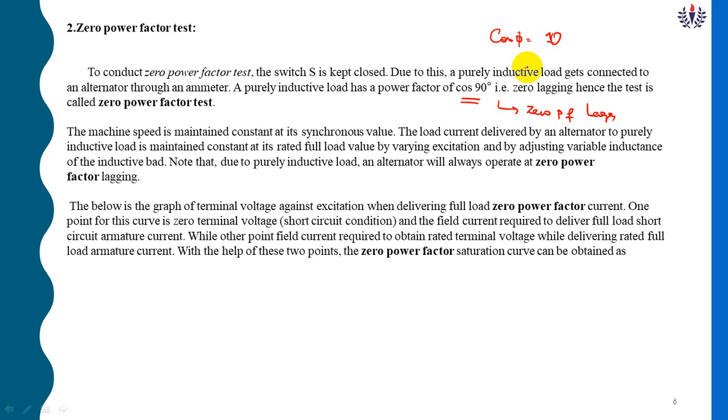Phi equals cos inverse of 0, and cos inverse of 0 is 90 degrees. So this 90 degrees only we have to set. Understood or not? Do you understand this point?